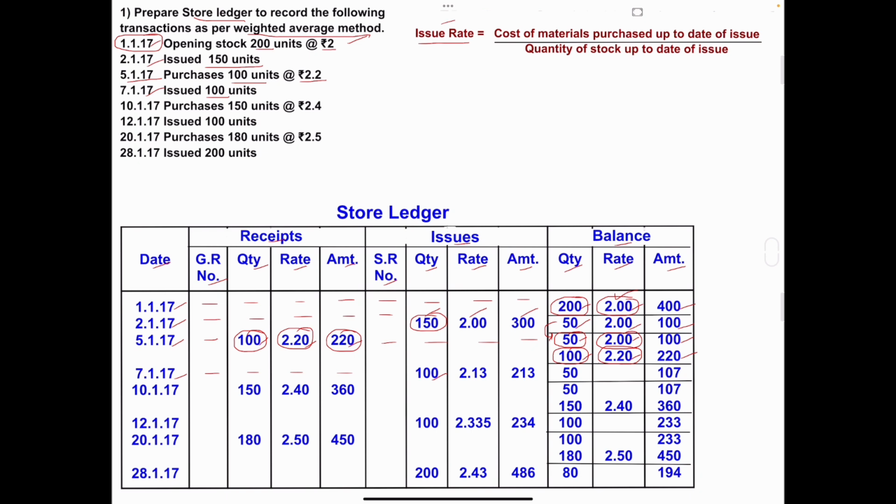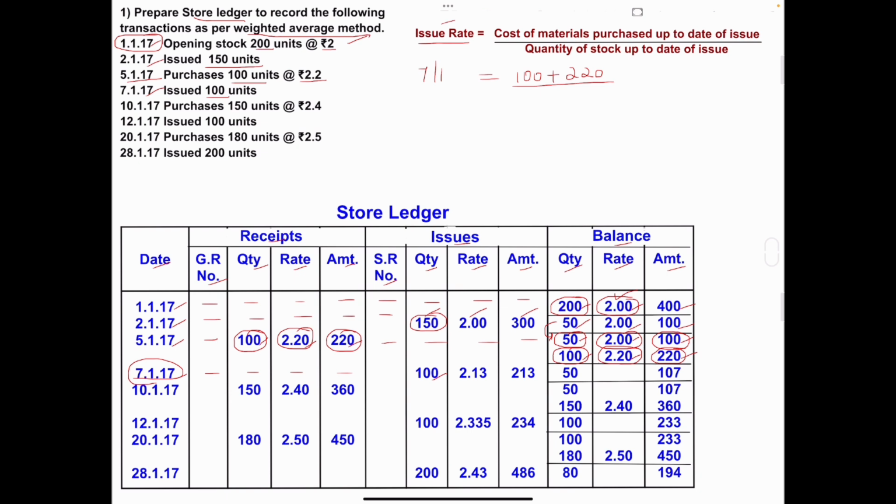So for which entry are we calculating the issue rate? 7th January. Write here the date, 7th January. See the previous balance. Cost of material: for that you have to see the amount column. Balance amount column, 100 and 220. 100 plus 220 divided by quantity of stock. In balance, see the quantity.